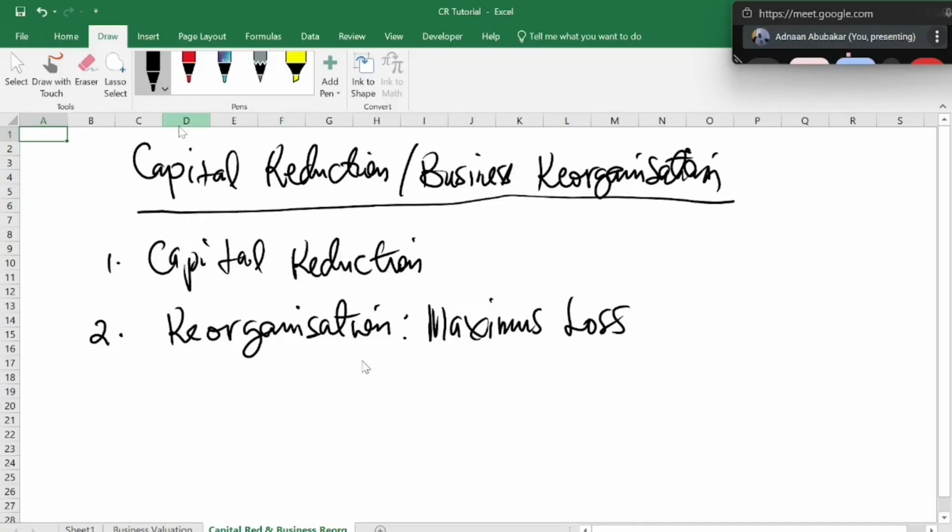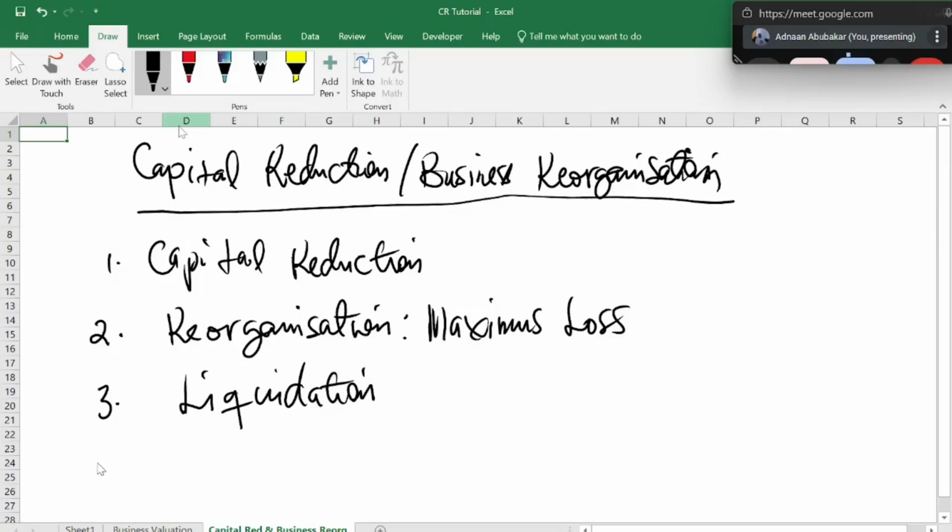And then you also look at liquidation. In most cases, the maximum loss and liquidation work together.